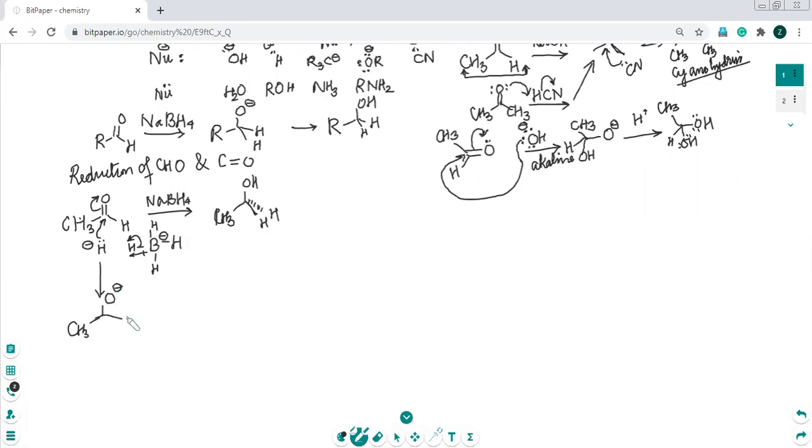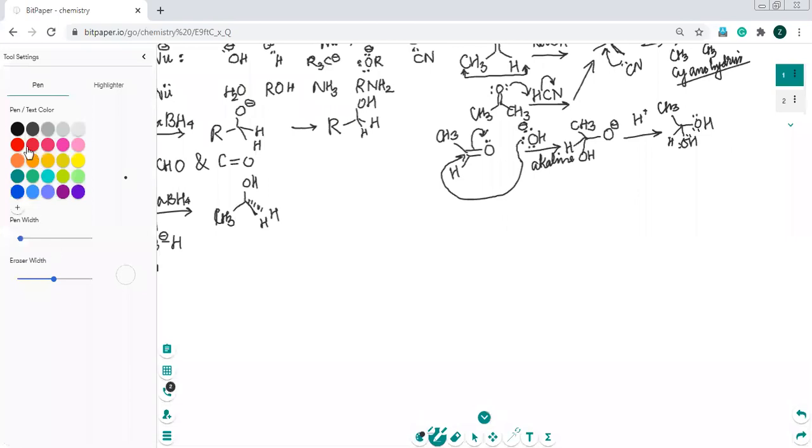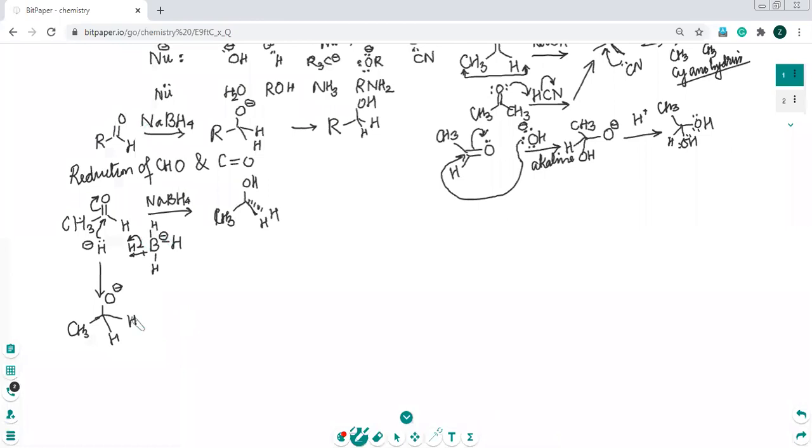It is simple. The H is forming a bond with this. This is a new bond formed. I will show you the new bond with a different color. See this. This is the new bond which is formed.